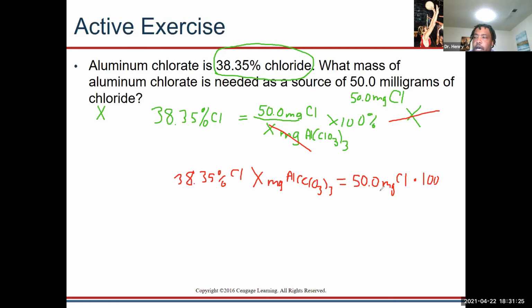Okay, so 100 times 50 is what? 5,000. Okay, 5,000. Okay, the units are going to end up canceling out because this percentage is, when we divide that by here, we'll get X milligrams.